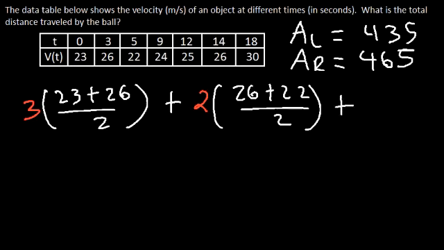And then for the next part, between 5 and 9, the width is 4, and the two y values are 22 and 24. So we're going to add those two and divide it by 2. So between 9 and 12, that's a change of 3. We're going to average 24 and 25.